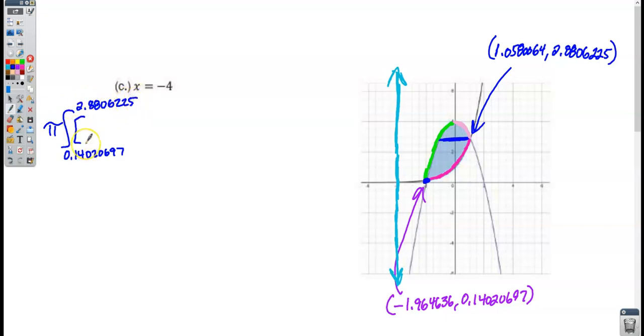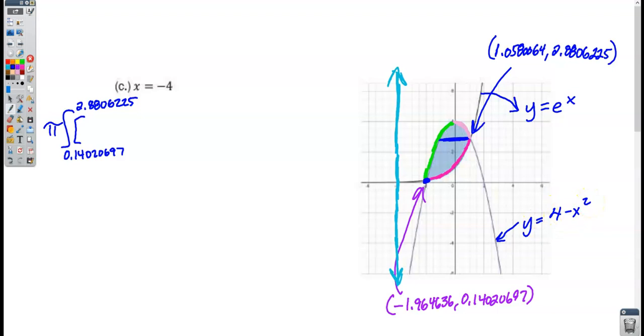And now I need my curves. Now everything needs to be in terms of y here, so I have the equations in terms of x. For instance, this equation right here is y equals e to the x, and this equation right here is y equals 4 minus x squared.